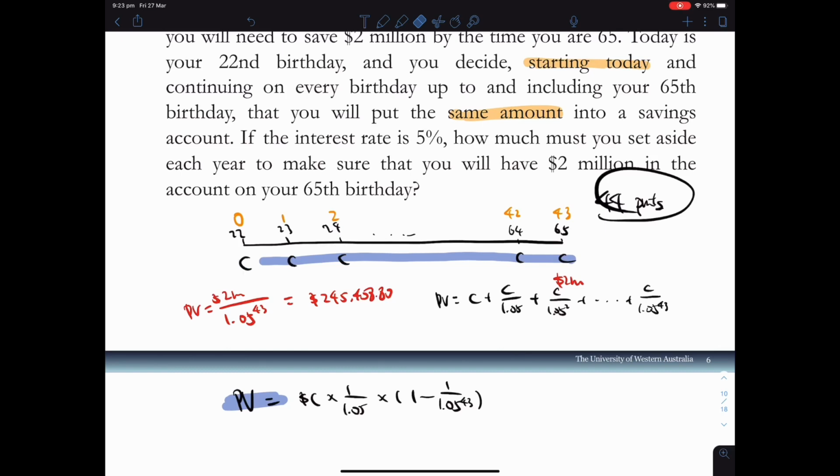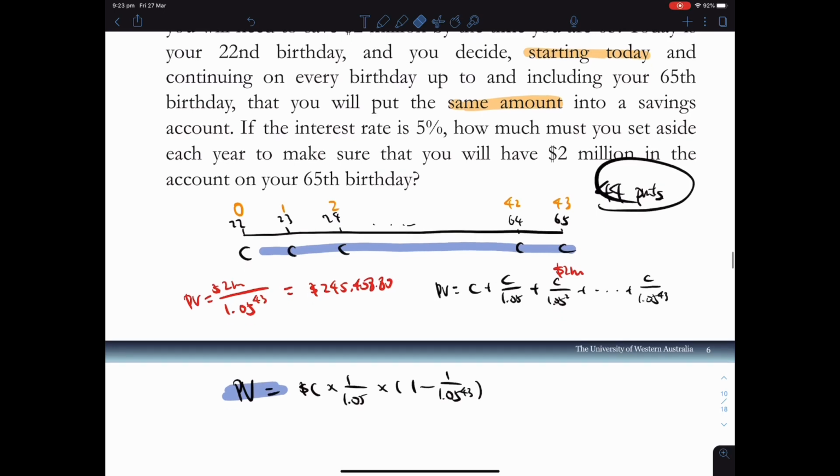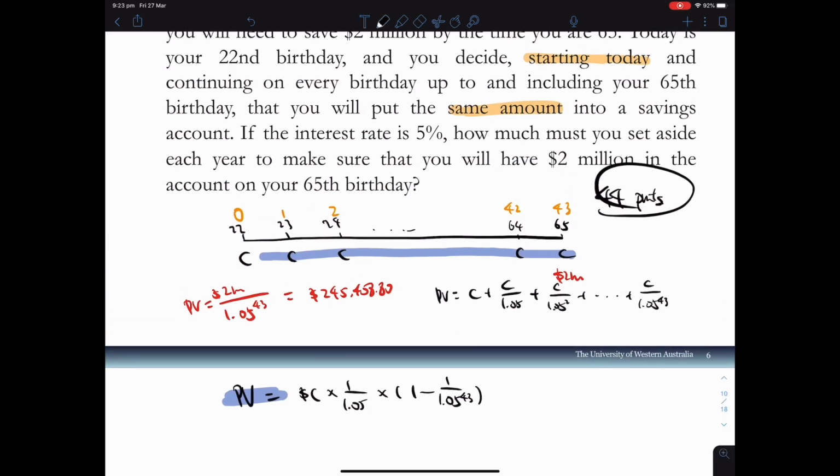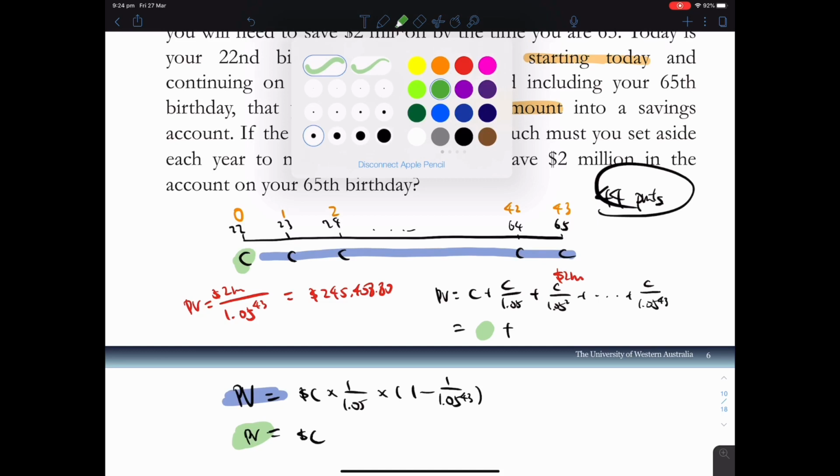But of course, we don't just have 43 payments. We have 44 payments. So on top of that, we need to add this one, let's use green. We need to add that one, and the present value of that equals just C. So you can see that the present value of this whole term becomes this plus this.